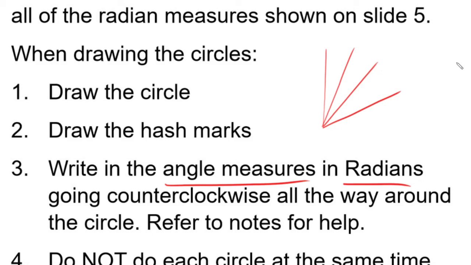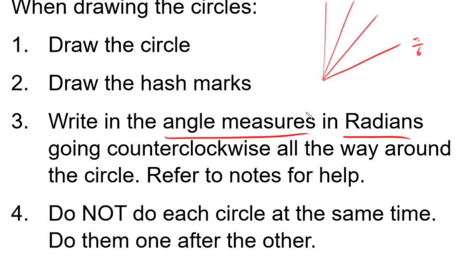So pi over 6, 2 pi over 6, which is pi over 3, then 3 pi over 6, which is pi over 2, then another. Do that all the way around. Do not do all the circles at the same time. Do them one after the other.